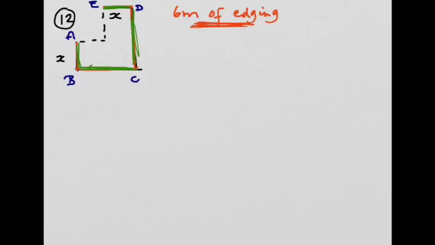I'm going to call these parts here y and y. So x add y, add y, add x. So I'm just going round the shape like that. Okay, x, y, y and x. We know that all adds up to 6.